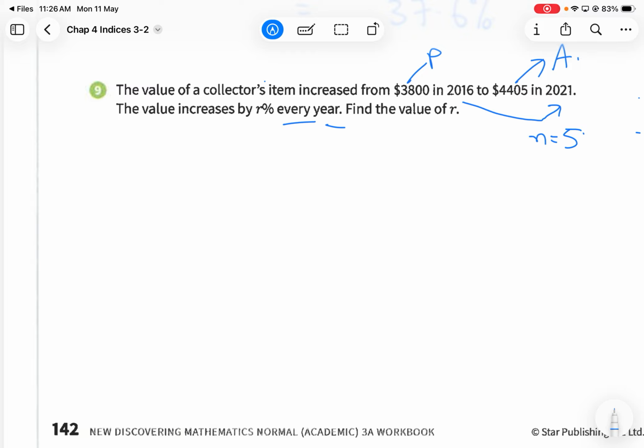Okay? So you know the starting amount, you know the final amount, you know it is compounded 5 times, but you don't know the rate. So can you find the rate? Amount is equals to principal times 1 plus r over 100 to the power of n. So now I know the final amount.